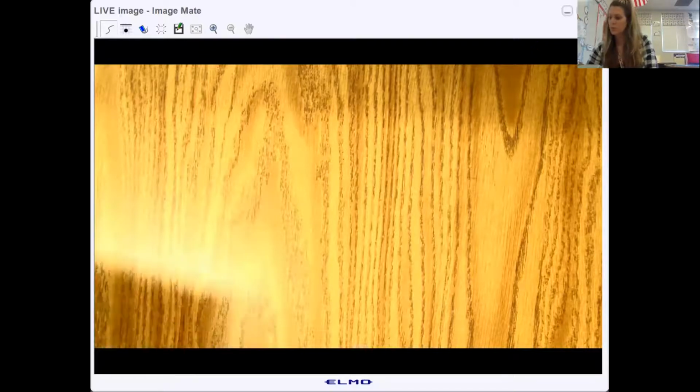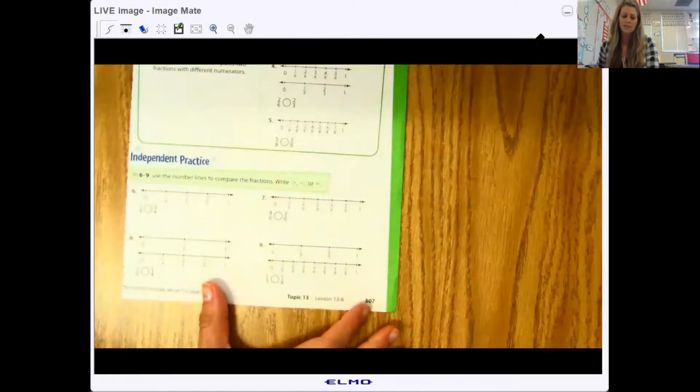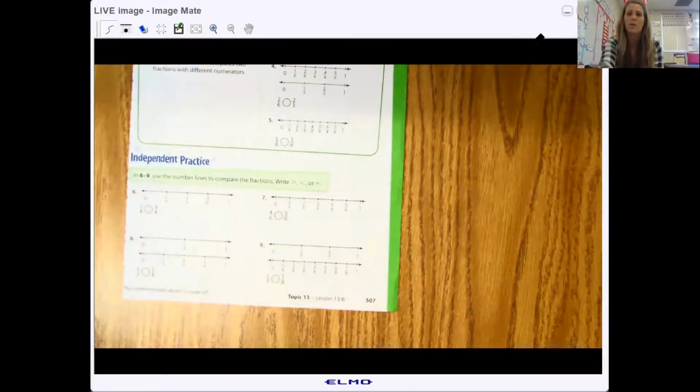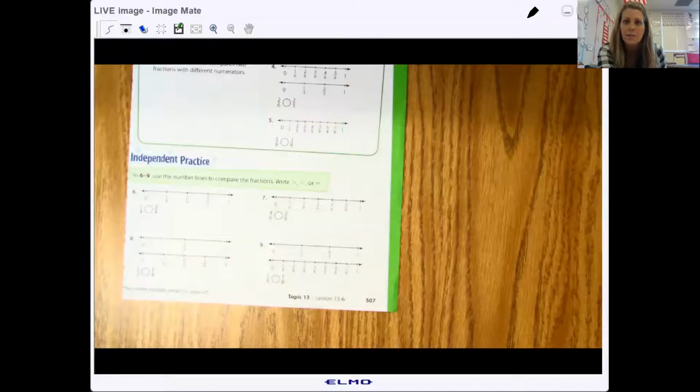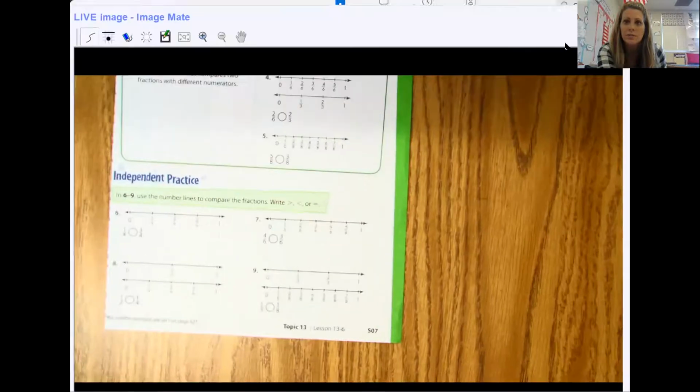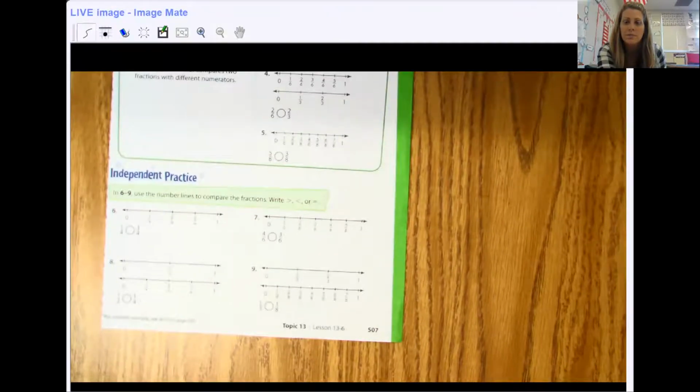Yes, I'll make it bigger in a minute. Go ahead and turn to page 507 in your volume 2 math book. 507. Trying to make it bigger. 507, friends. Hello again.